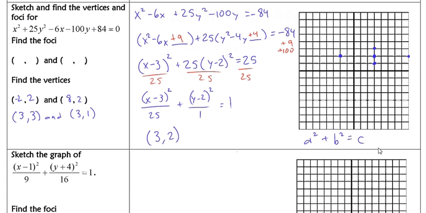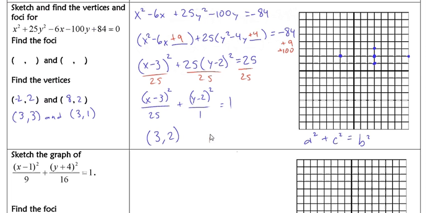Typically we'll call the distance to the foci c squared, but the longest distance squared is equal to the other two distances squared. So let's find those out. The distance from the center to the vertices on the major axis is 1, 2, 3, 4, 5. So 5 squared.